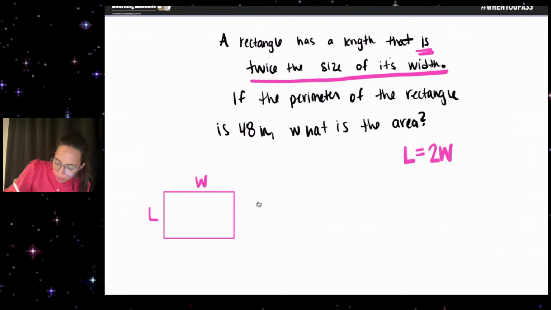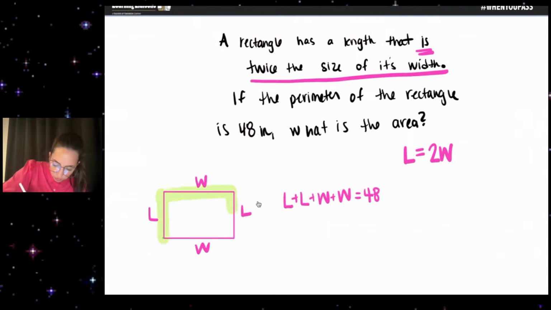So I know that L plus W equals 48 because remember, we go all the way around the shape for our perimeter, right? So L plus W is going to give me 48.